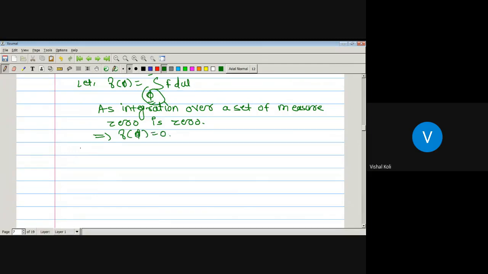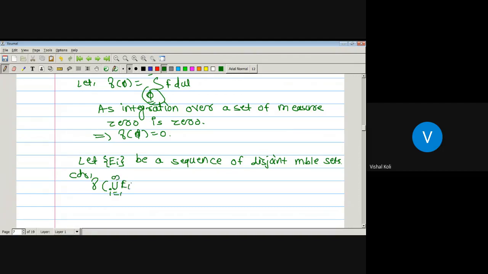Now the second one. Let E_i be a sequence of disjoint measurable sets. Consider gamma of the union over i from 1 to infinity of E_i.